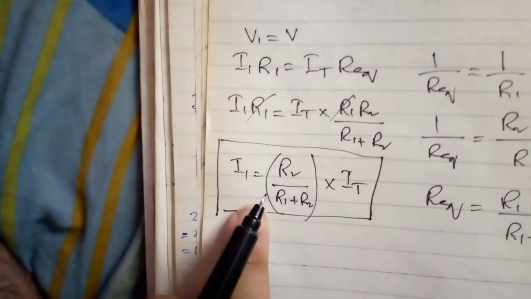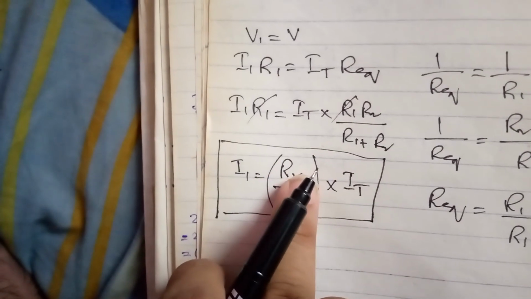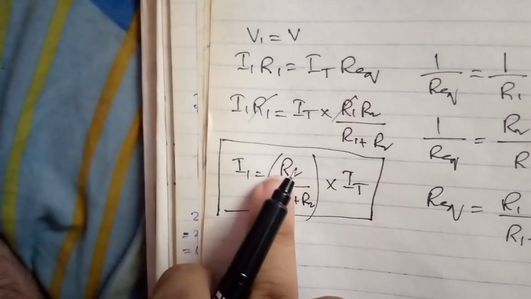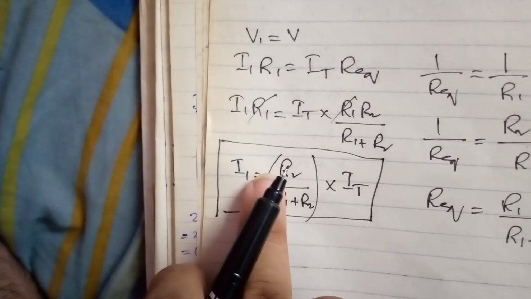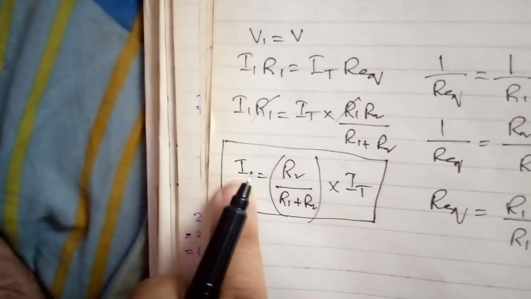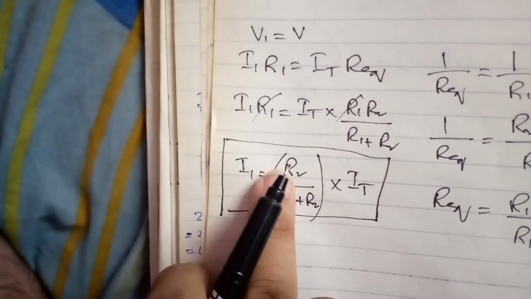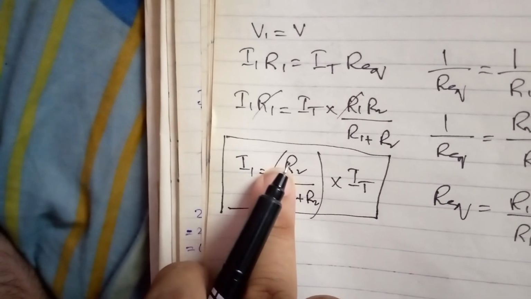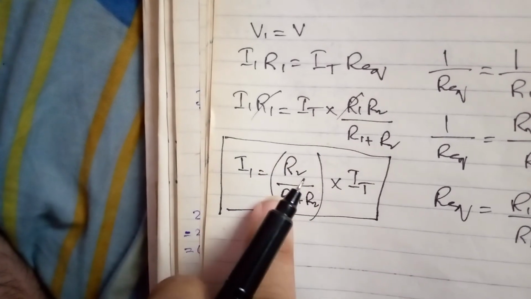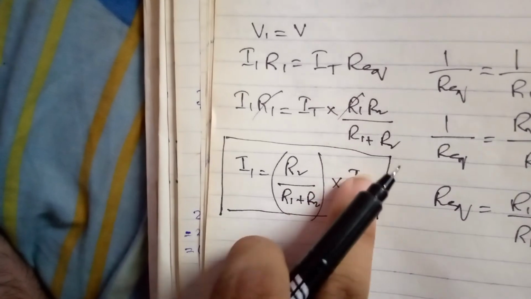But here in current divider rule, the resistance other than R1, which is R2, is here in numerator. We are calculating I1, but in numerator the resistance is R2, which is other than R1. Sum of both resistances in denominator and multiply by total current.